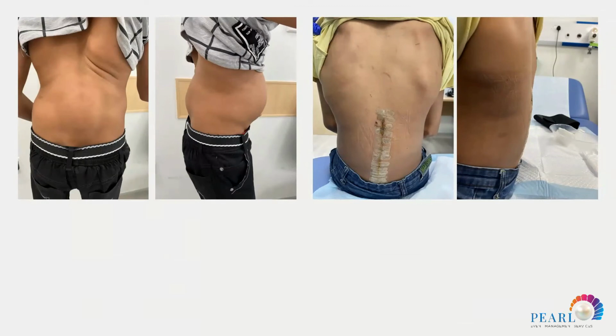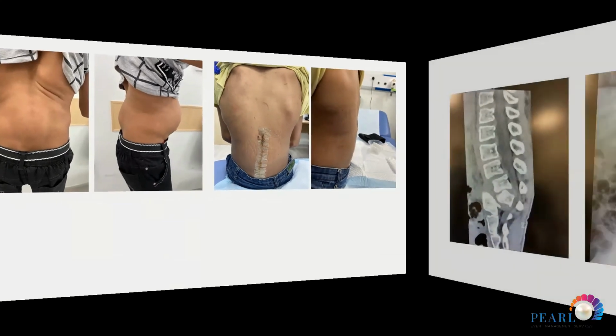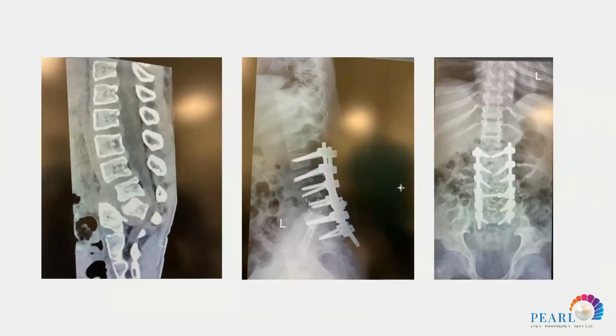And this is after the surgery, very good correction of the kyphosis in the lumbar area. Here we can see the CT scan shows complete dislocation of the L5 in the spinal canal. The patient was walking like a very old man and cannot walk more than 50 meters. He has to sit down because of the compression with spondylolisthesis L4-5 and 3-4 also. And this is after correction of the kyphosis.